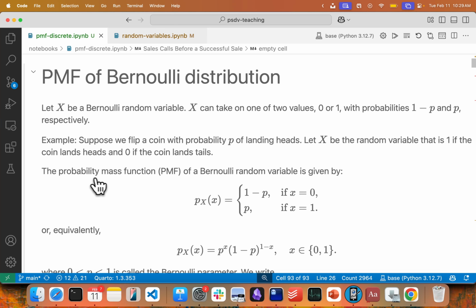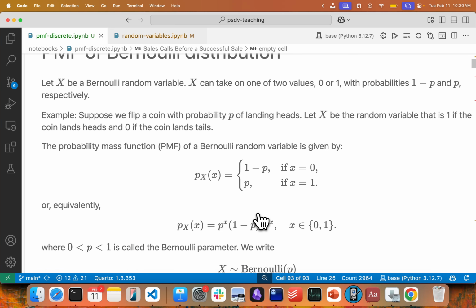We can also write the probability mass function using the switch case: the PMF of the random variable x taking the state x, where x is 0 or 1, is 1 minus p and p. Pretty straightforward. We can also conveniently write this as p_X(x) = p raised to power x into (1 minus p) raised to power (1 minus x).